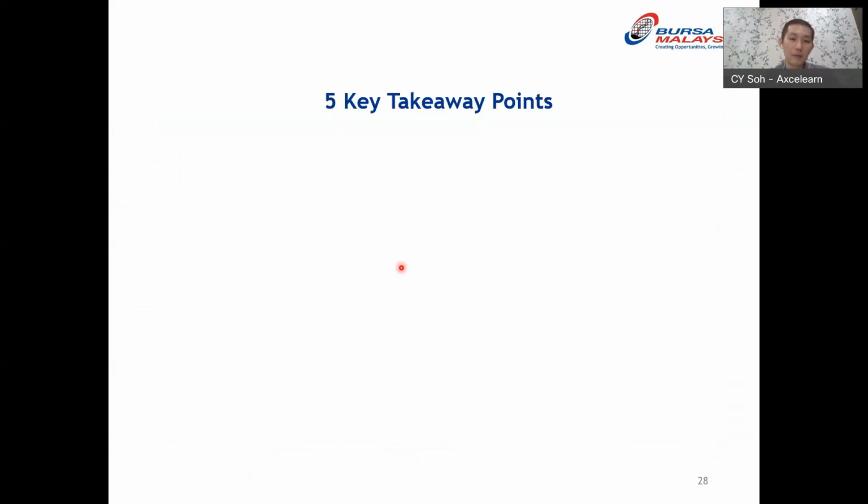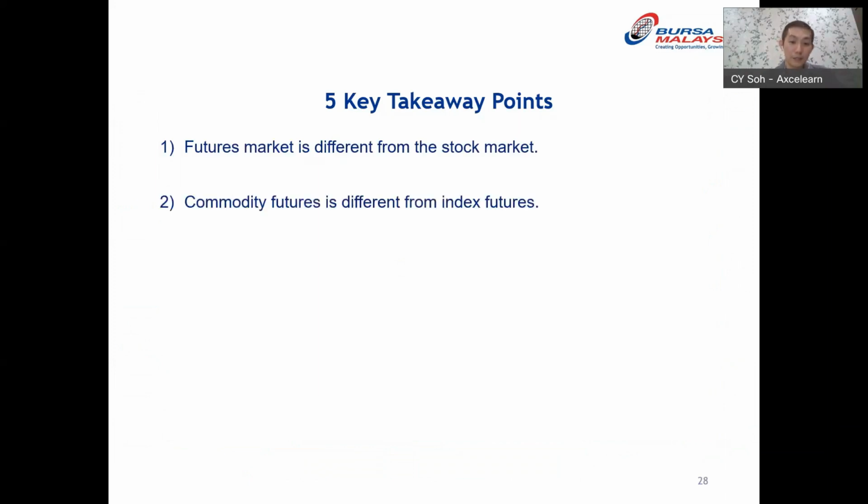Now, let me sum up the 5 things that you need to know for today. First, the futures market is completely different from the stock market because the mechanism is very, very different. Second, commodity futures are different from index futures. FCPO and FKLI are both very different things. Third, if you want to diversify, the best diversification is having low correlation assets or products, which is why you do not want to keep diversifying through stocks anymore.